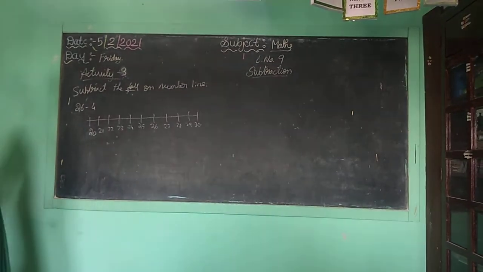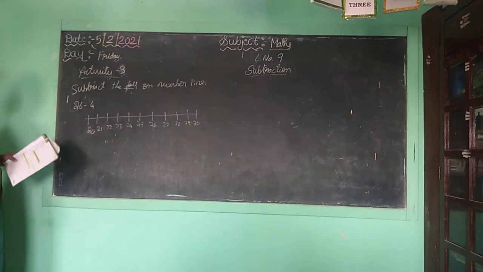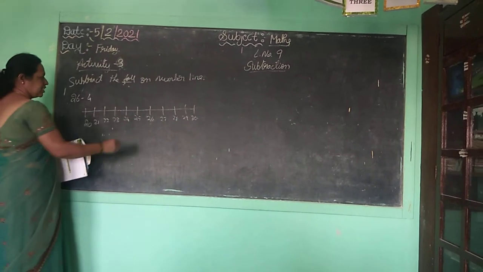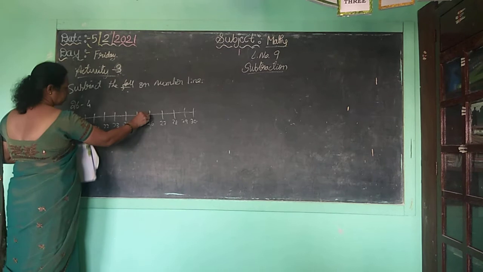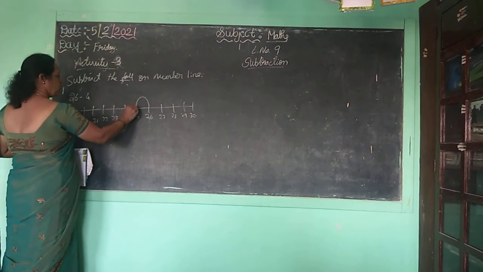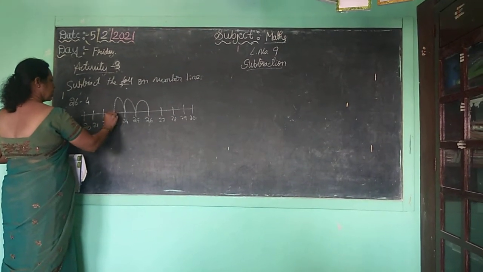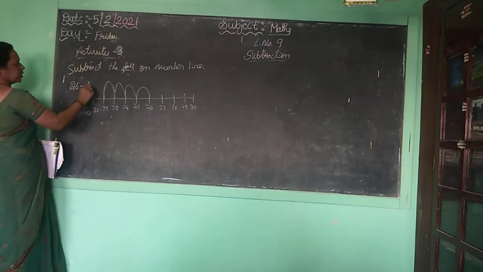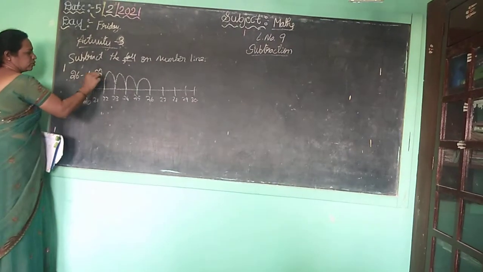From 20 to 30 I have written. What is the start? From 26 minus 4. So where is 26? 26 is here. How much do you have to minus? 4. See, 1, 2, 3, 4. How much is it? 22. Okay, 22.